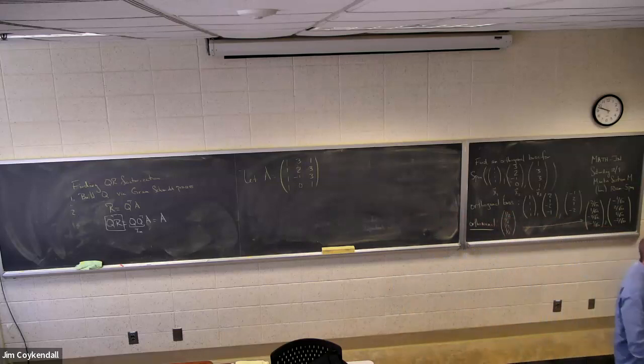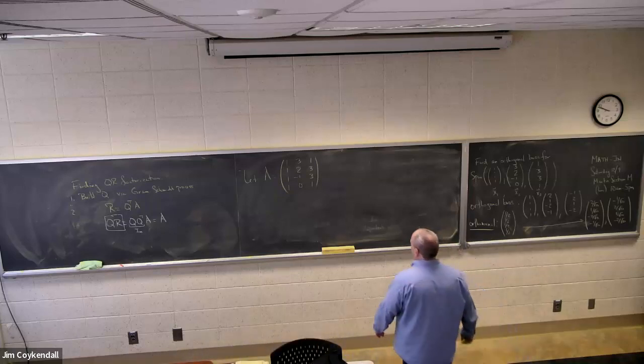Somebody tell me how I know that this has linearly independent columns. Because I've already turned this into a basis using Gram-Schmidt, so I know that this has to be a linearly independent set, right? So how do we build Q?